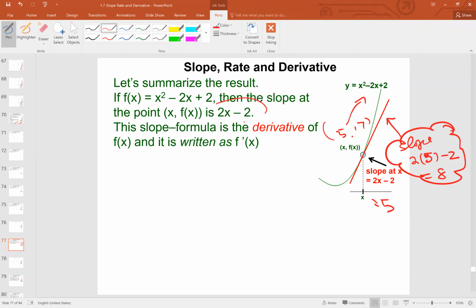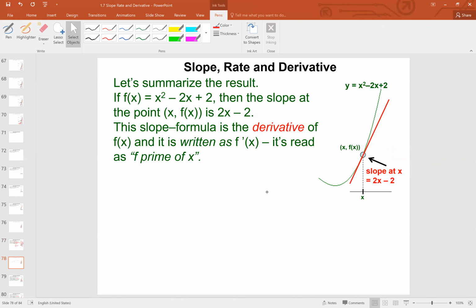And this formula, the slope formula, is the derivative, and we write it as f with a little slash or prime over it. We'll call this f prime of x. It's the slope formula of f. It's called the derivative of f because this formula is derived, calculated out of the original one. You know, simplifying with h equal to 0, that will come out with this one. It's derived, pops out of the original f.